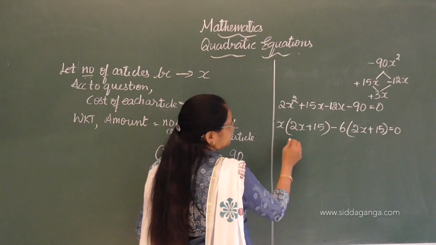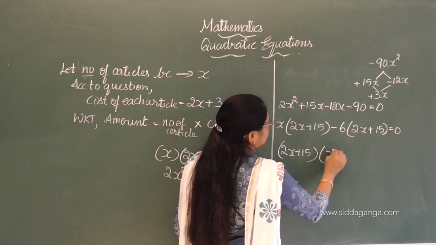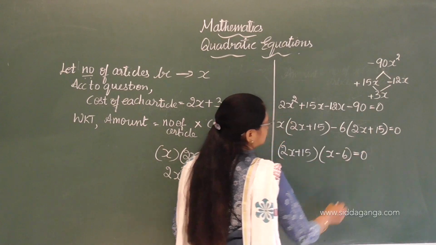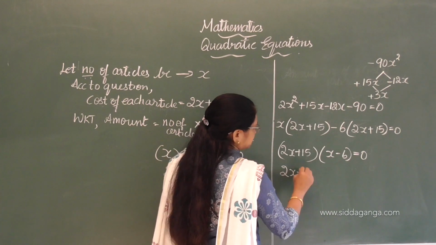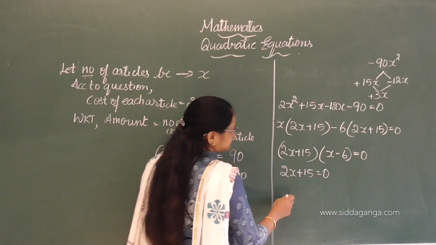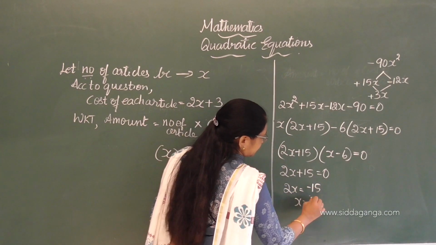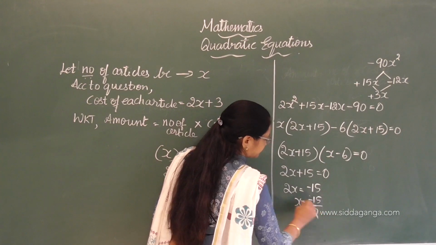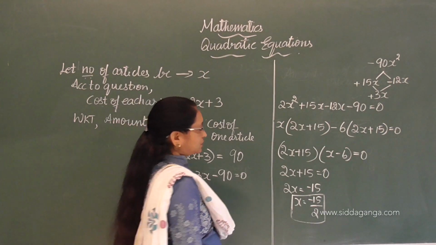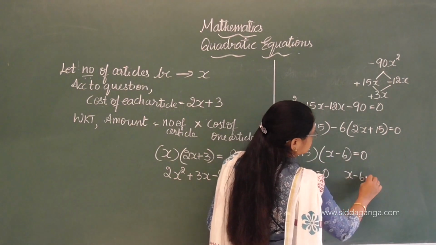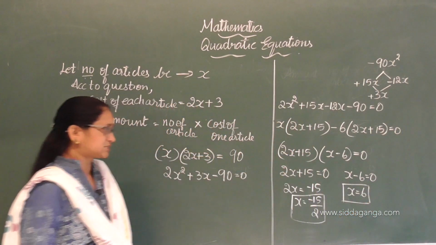Now 2x plus 15 and x minus 6 is equal to 0. 2x plus 15 is equal to 0, so 2x is equal to minus 15, x is equal to minus 15 by 2. We got one solution as minus 15 by 2. Another one, x minus 6 is equal to 0, so x is equal to 6. We got another solution as 6.